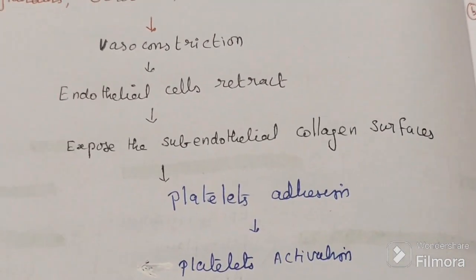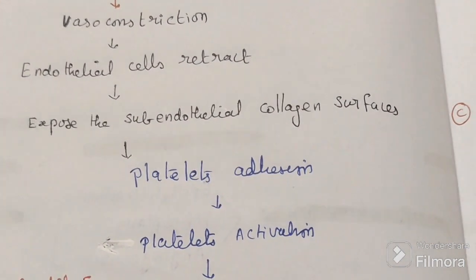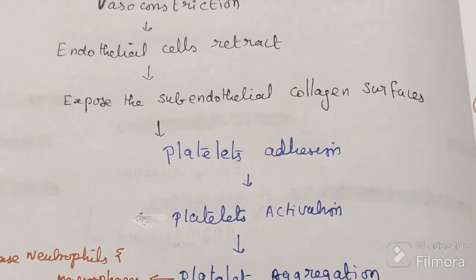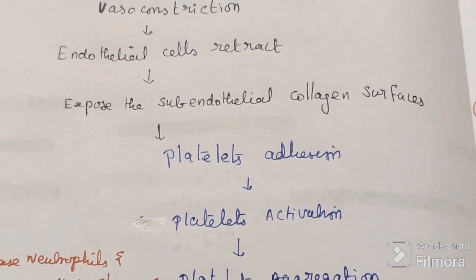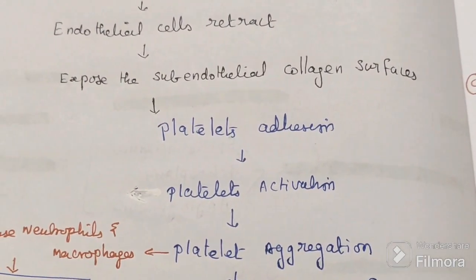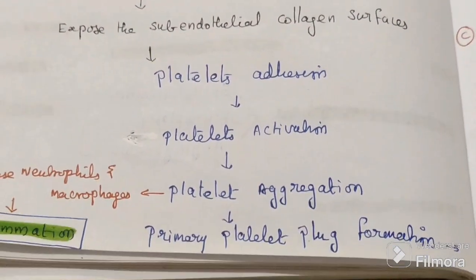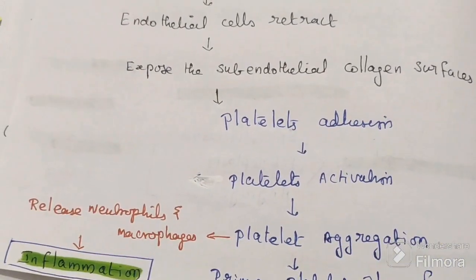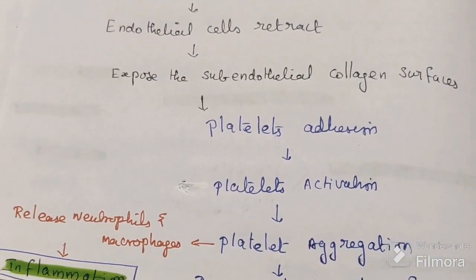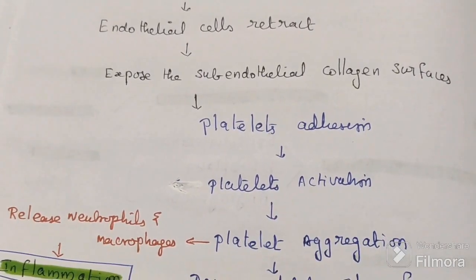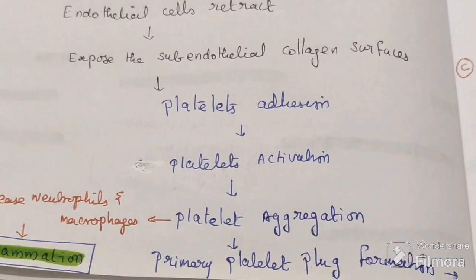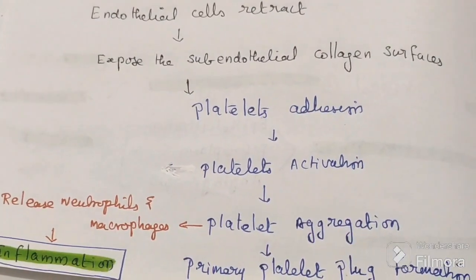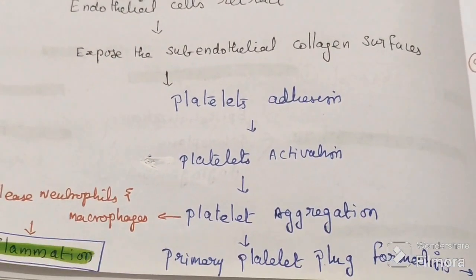So platelet adhesion, activation and aggregation occur. Ultimately the platelet clot, which is the primary clot, results in the formation of the secondary clot, the fibrin clot. So the clot is formed in the first step.